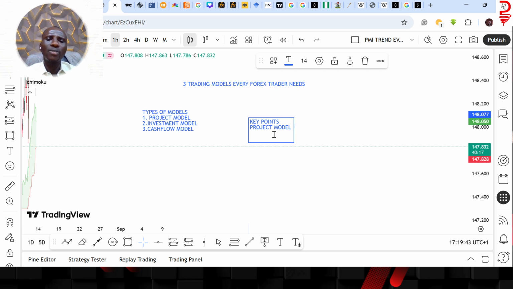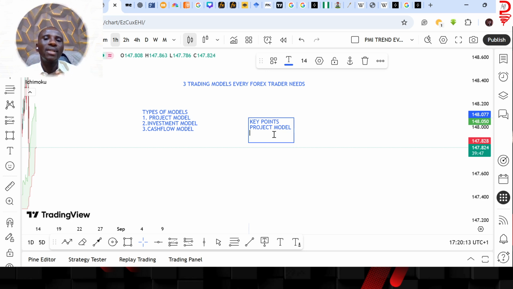So for this project model, what we are saying is that you create an account and fund it with a fraction of your capital. The intention is that you trade it as if you have a particular project that you want to use the money in the account for.